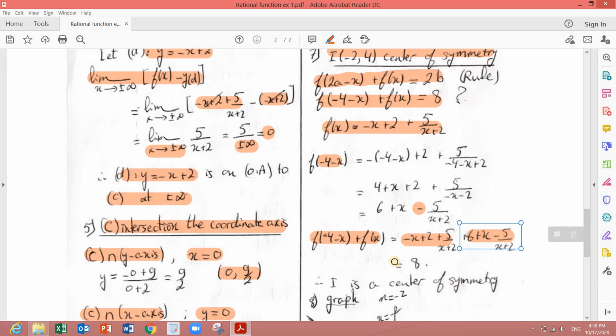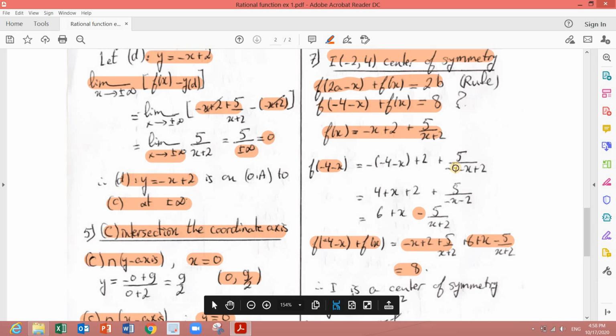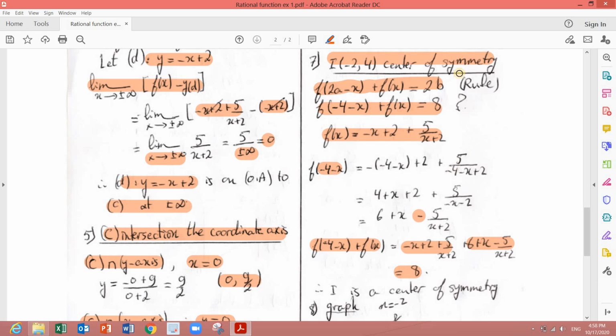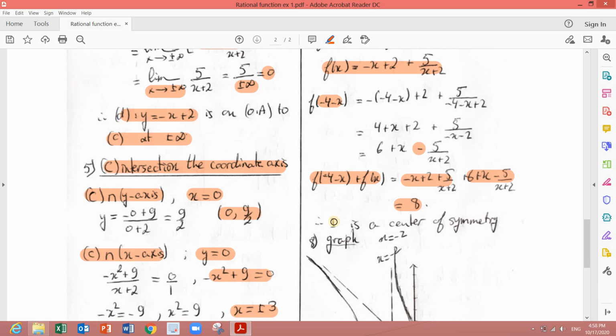After reducing we get 8. So the equality is verified: f of 2a minus x plus f of x equals 2b, that is here f of minus 4 minus x plus f of x equals 8. Then I is a center of symmetry for C.